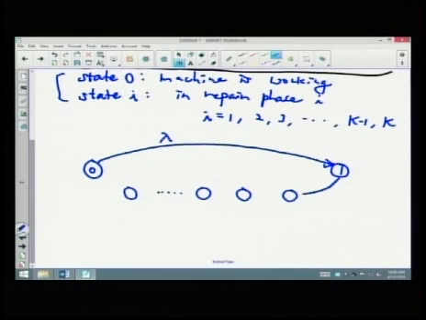So this is going to be phase 1 repair process, phase 2, phase 3, and so on. Okay? So let's say this is 1 subscript 1, 1 subscript 2, 1 subscript 3, 1 subscript 4, and then here 1 subscript k. Okay?